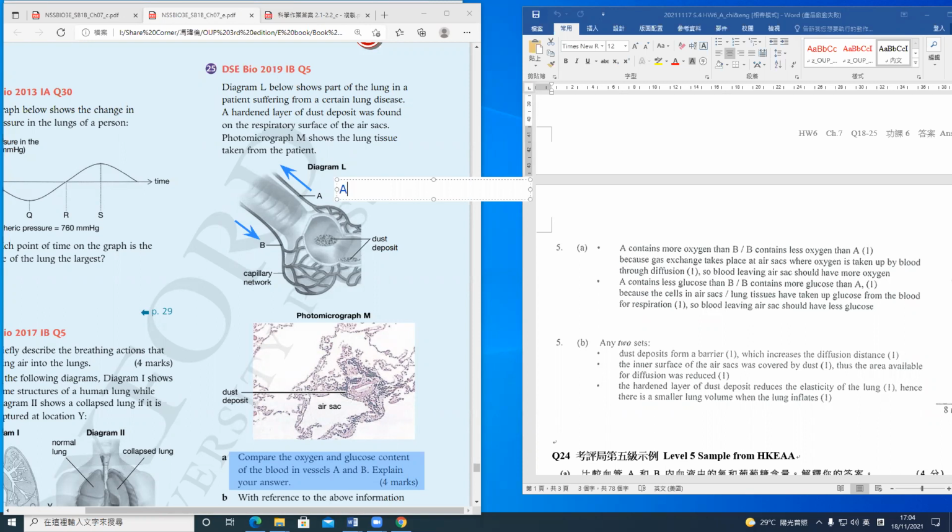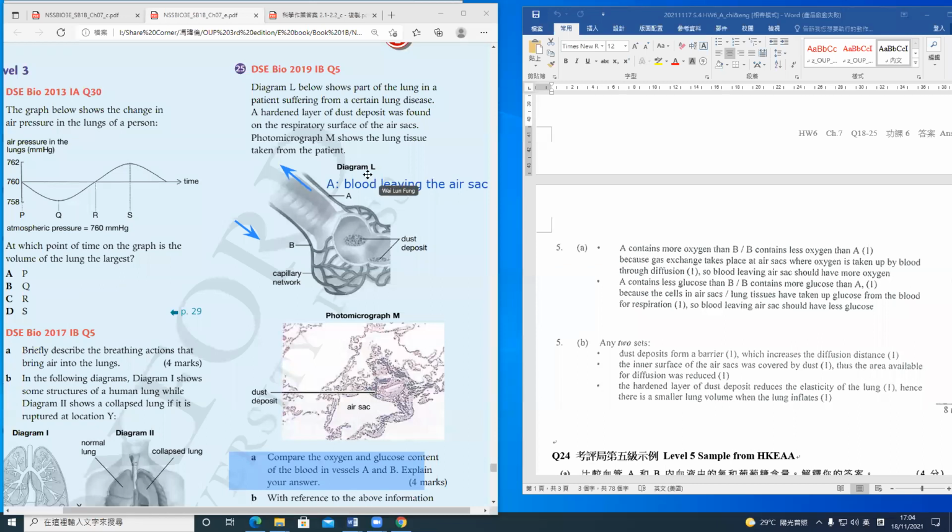Therefore, it is blood leaving the air sac, and we call this the oxygenated blood, leaving the air sac.